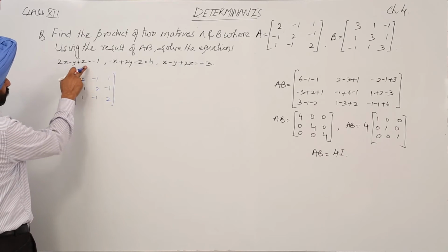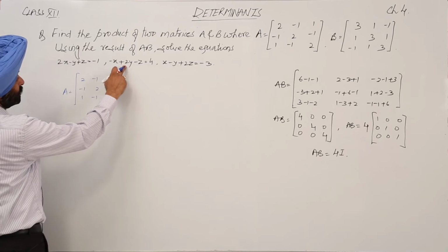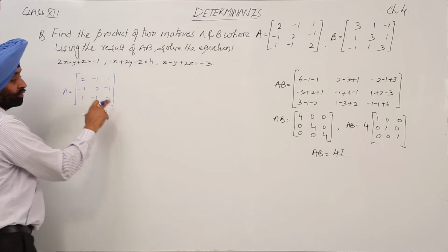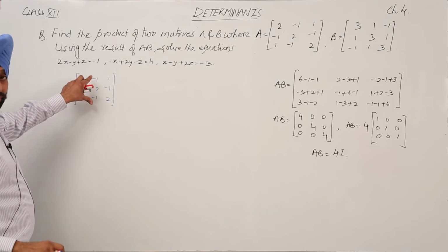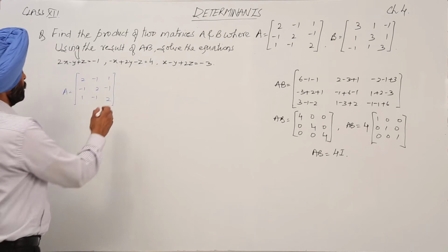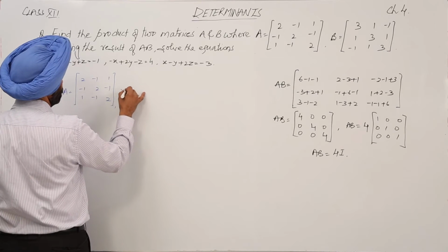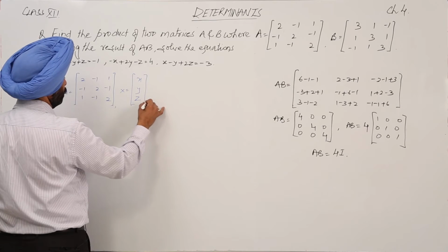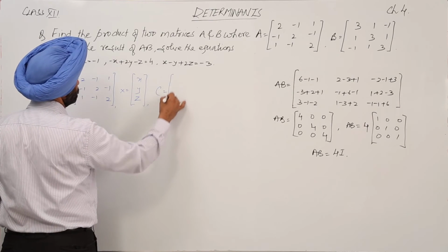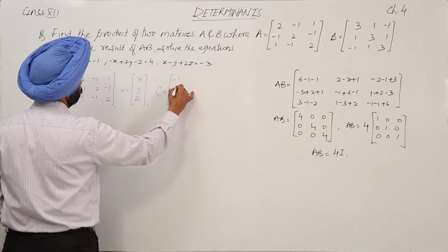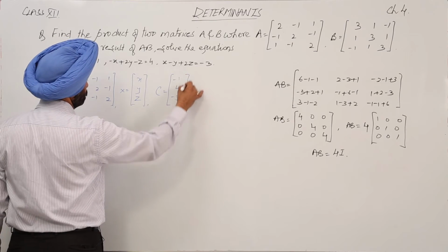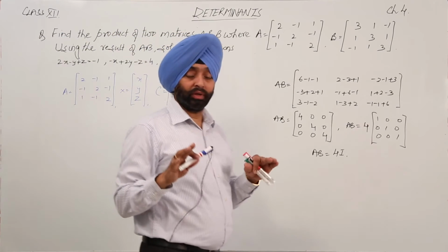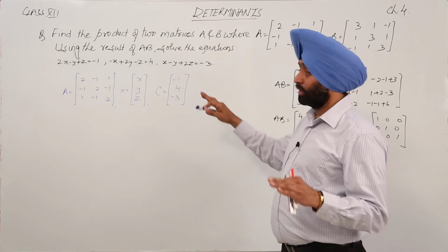It means this formation is for A. Then we have X equal to x y z, and capital C is equal to minus 1, 4 and minus 3. Okay, so we have written the equations in matrix form.